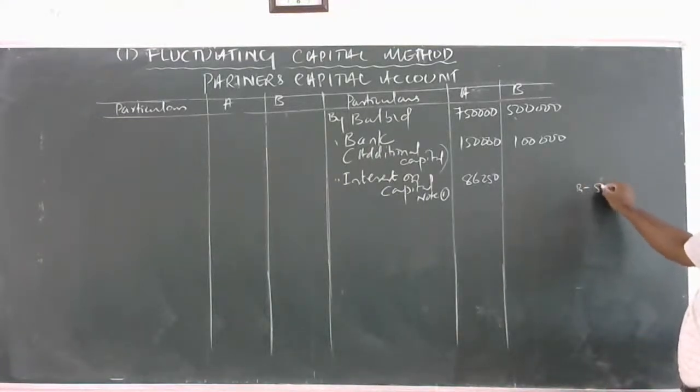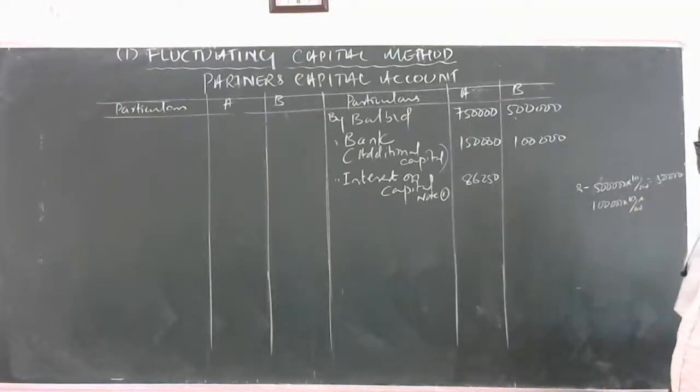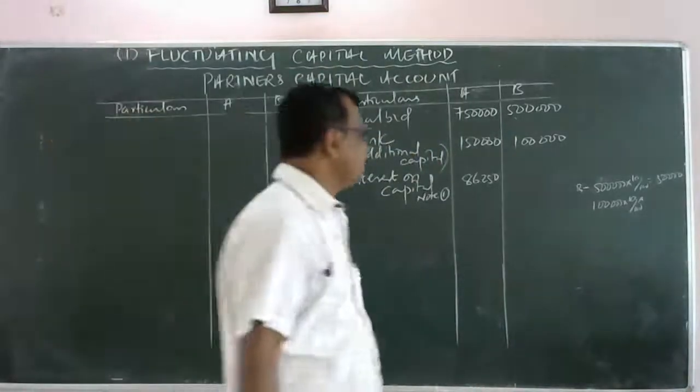B's opening capital is how much? 5 lakhs. At the rate of 10% for full year, it is 50,000. And B's additional capital is 1 lakh. So additional capital at the rate of 10%, from 1st July to 31st March, for 9 months again.